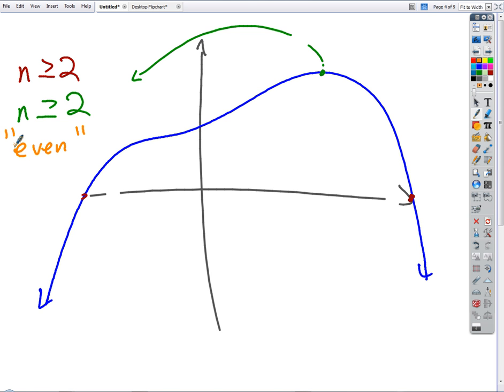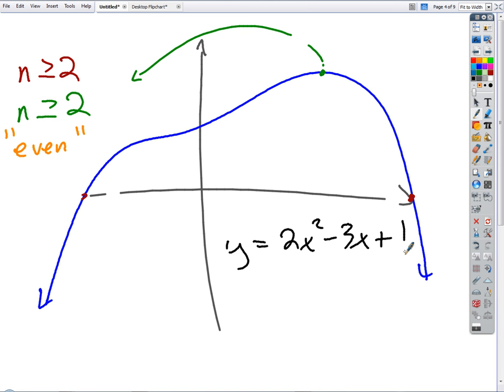Now think what that is. If n equals 2, that's a polynomial like y equals 2x squared minus 3x plus 1, for example. What's that? That's a parabola. N equals 2 is a quadratic polynomial.